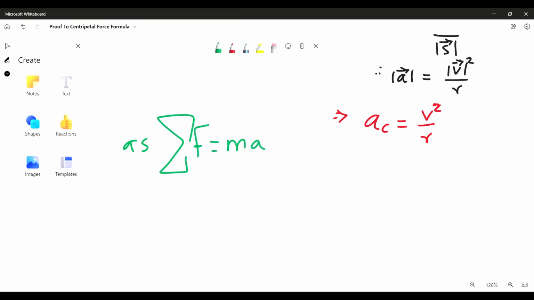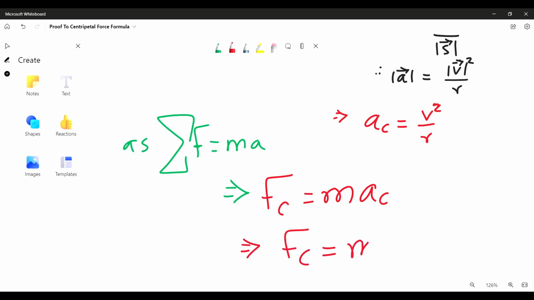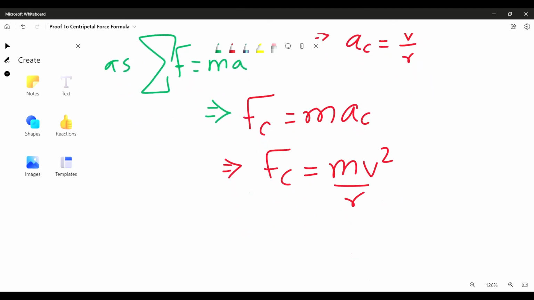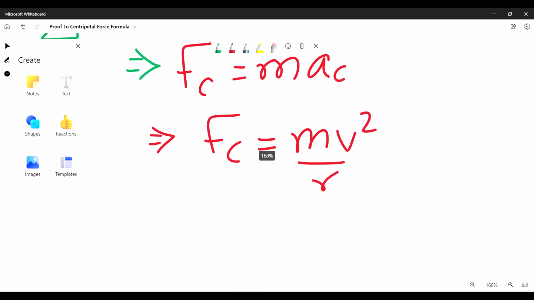And the net force is, of course, the centripetal force here, so Fc is equal to mass times ac. Fc is equal to mv squared over r. And that is a mathematical proof of the centripetal force formula.